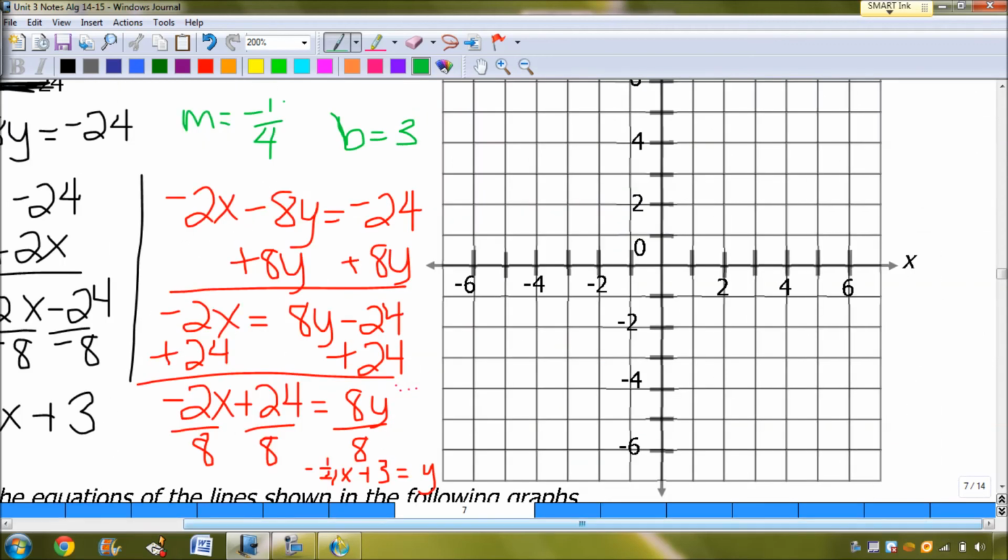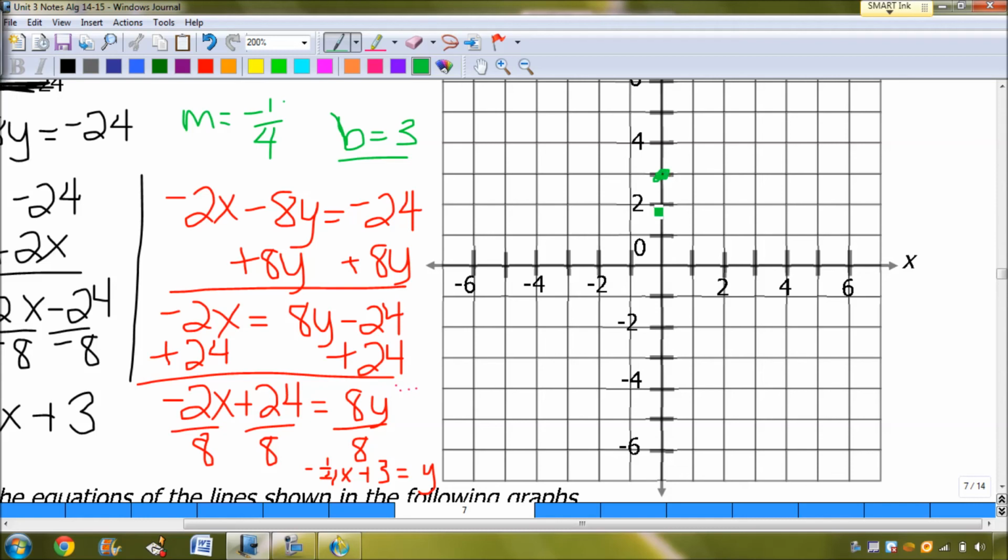So if I want to graph this out, all I have to do is figure out what my starting amount is. Well, I know I'm going to start at 3. Now remember, when you find your slope, only one number is allowed to be negative if the fraction is a negative number. So I could either have a -1 and a +4, or a +1 and a -4. It's 100% your choice. I'm going to choose to have a -1 and a +4.